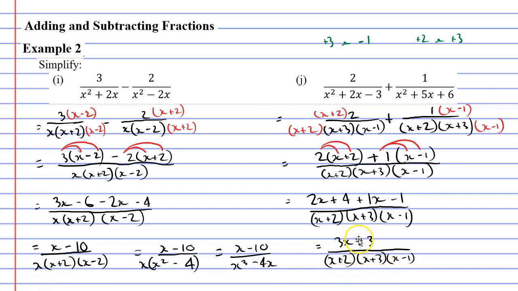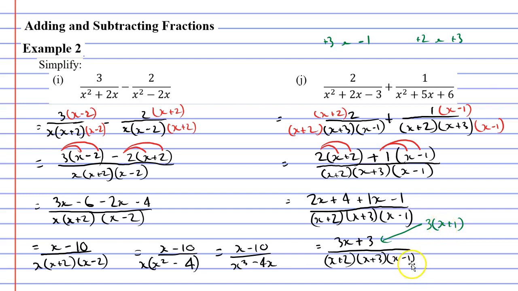There is one thing I'm looking for. I'm looking at the top here, which is 3x plus 3, and I'm just thinking to myself, can I factorize this and do some cancelling? And I'll just show you in green. I can factorize 3x plus 3. That gives me 3 bracket x plus 1, which actually isn't going to help me, but I did want to just double check.